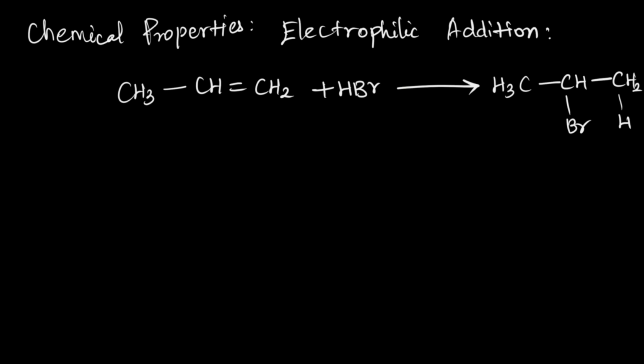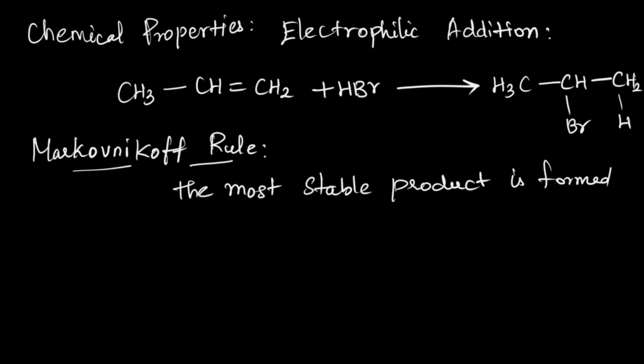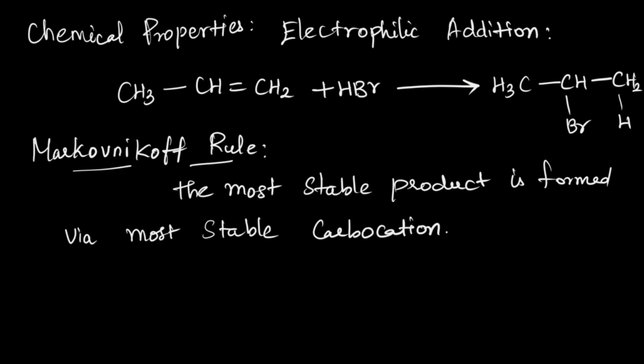So that leads to the rule which is called Markovnikov's rule, which states that during electrophilic addition to alkene, the most stable product, or the major product you can take, is formed via the most stable carbocation. That is our Markovnikov rule.